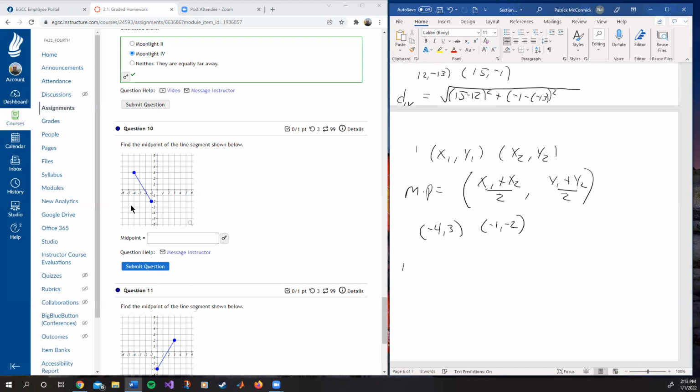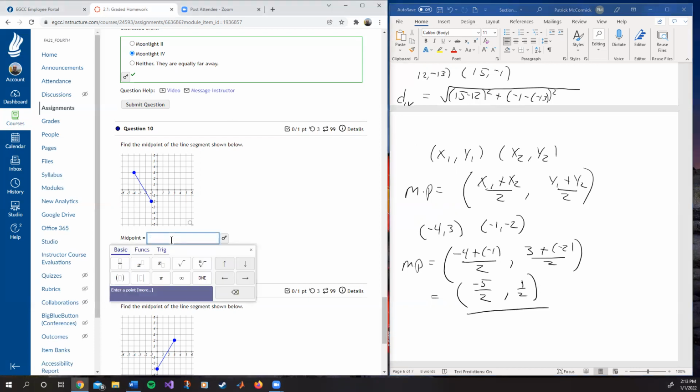All right, so our midpoint, I'm abbreviating that MP, would be equal to negative 4 plus negative 1 over 2, 3 plus negative 2 over 2. So negative 4 plus a negative 1 is negative 5 halves. 3 plus a negative 2 is 1. So 1/2. So there's our midpoint.